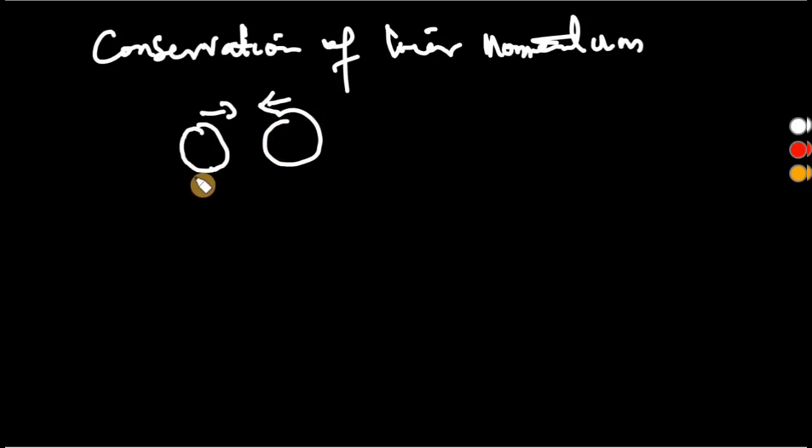So let this be body A, which will have mass ma, and this body B will have mass mb. If this is moving with initial velocity ua and this is moving with initial velocity ub, we can write an expression for the conservation of momentum here. We shall do that following Newton's third law of motion, which says that action and reaction are equal and opposite.